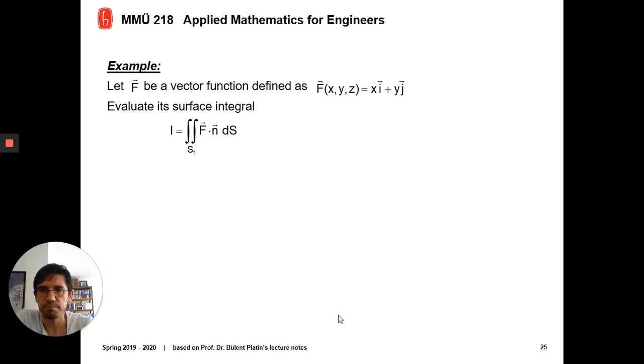Now, if my vector function is a simple function like this, and I want to evaluate the surface integral, which is like a flux from that surface, I'm going to be evaluating a surface integral here.